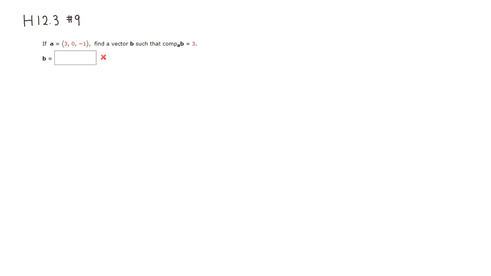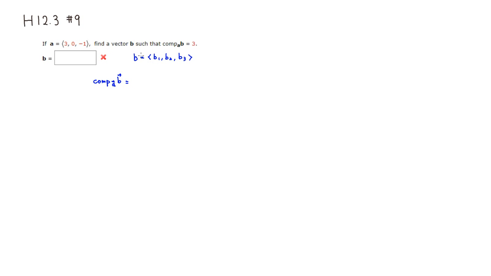Since we don't know what B is, I'm going to call vector B, say, B1, comma B2, comma B3. Then let's try to find the scalar projection of vector B onto vector A. The scalar projection, the component of vector B in the direction of vector A, we just have to take the dot product.